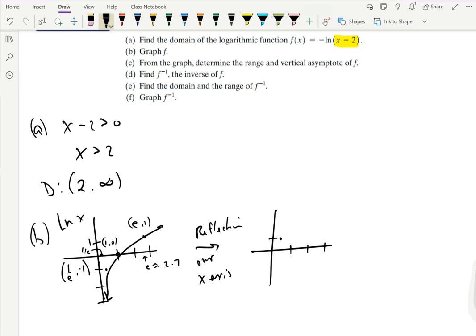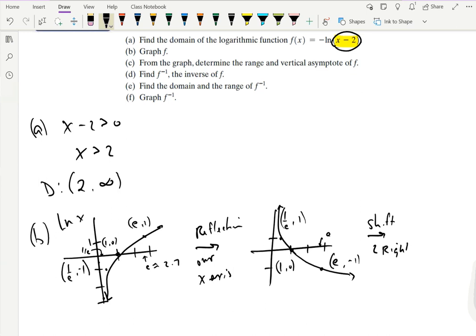Then I'm still going to end up with (1, 0). Then I'm going to end up with (e, -1) approximately. So that would be the reflection over the x-axis. And then the -2 out there applies to the x, so that's going to be a shift 2 places to the right.